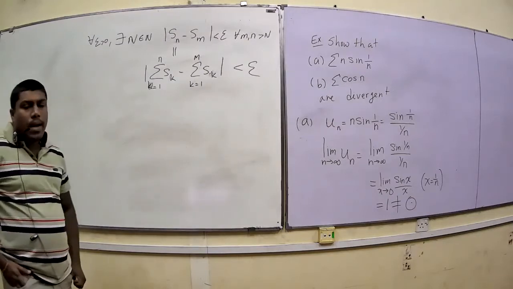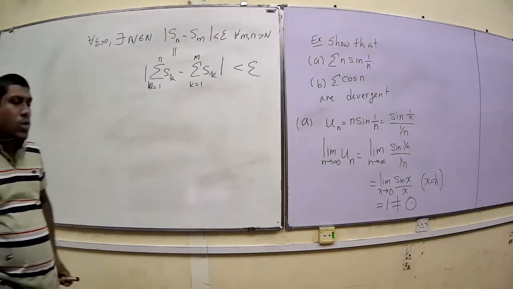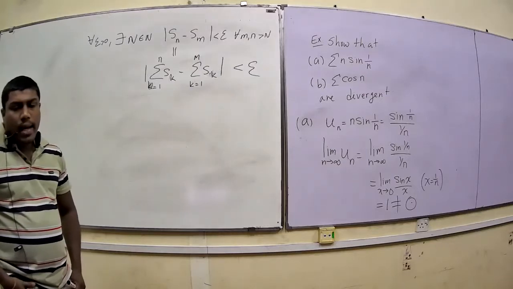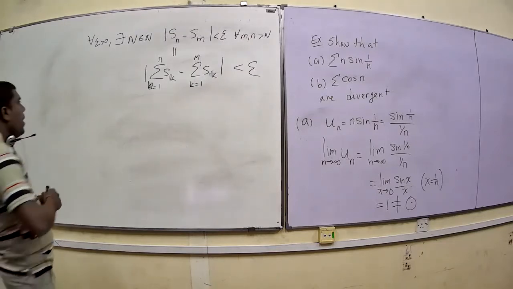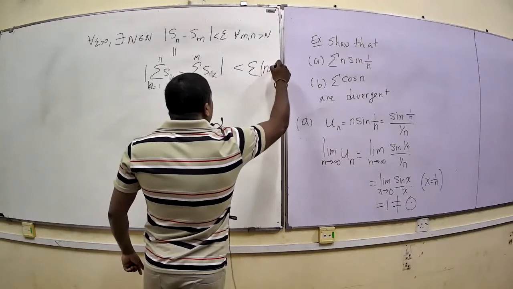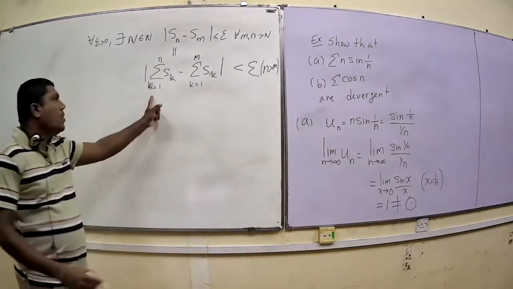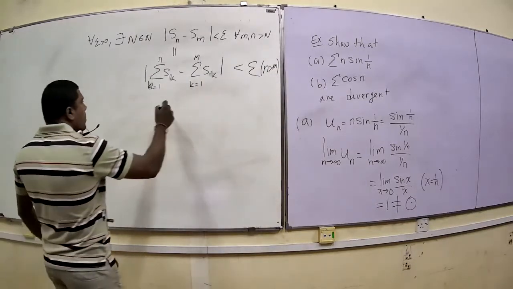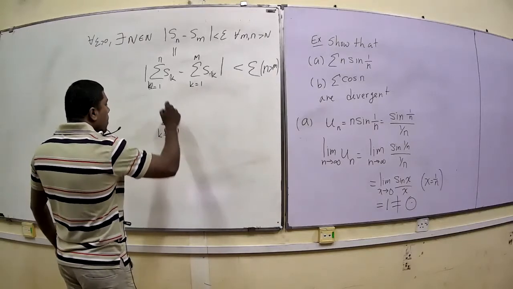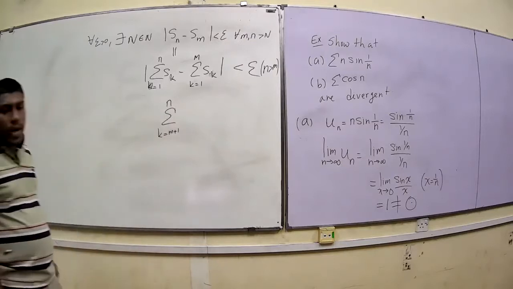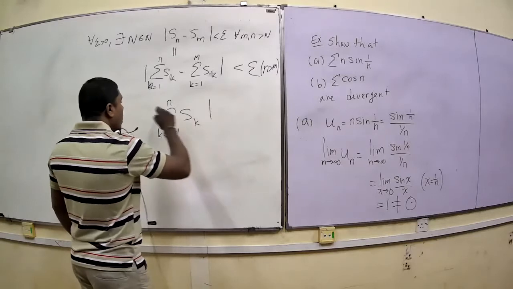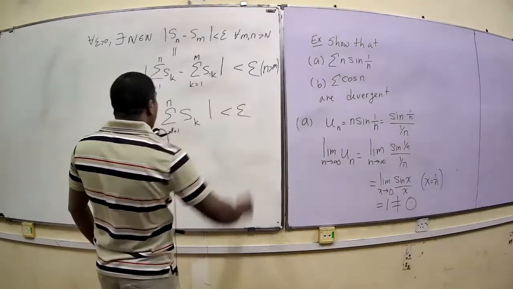Now m and n are two natural numbers, so you can take n larger than m. This subtraction you can write as the summation of k equal to m plus 1 to n of u_k, which is less than epsilon.